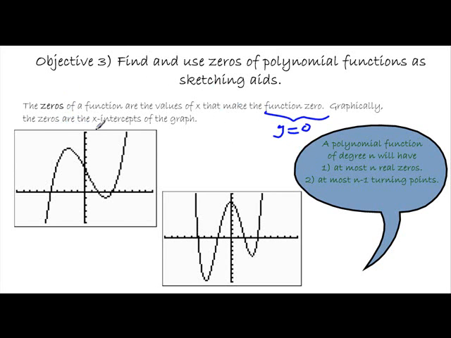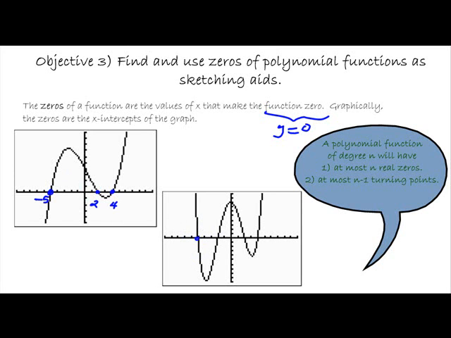And graphically, the zeros are the x-intercepts of the graph. And I've shown you a few here. So on this particular graph, there are 3 zeros, specifically at 2, 4, and -5.